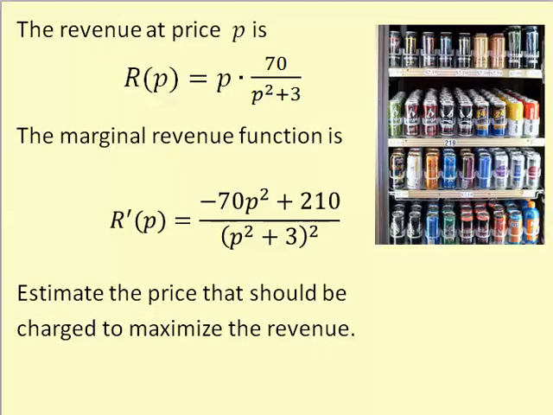So we have the revenue function and the marginal revenue function. And we are asked to estimate the price that should be charged to maximize revenue. Well, let's first look at the revenue function.